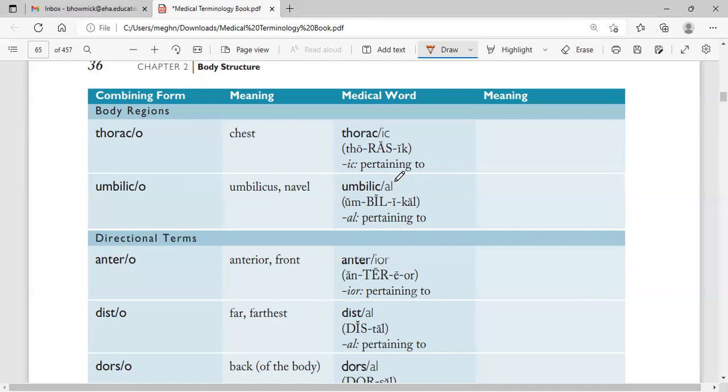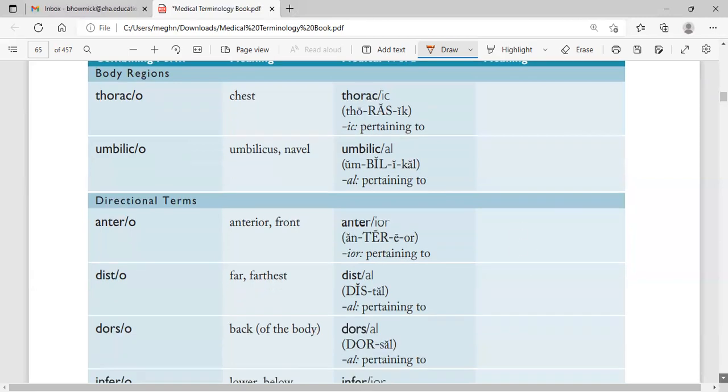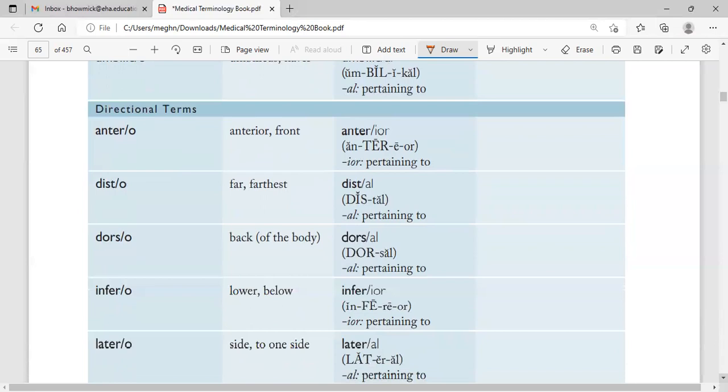Then go next to directional terms. Anterior means front. Distal means far, farthest. Dorso means back, dorsal. Inferior means lower or below.